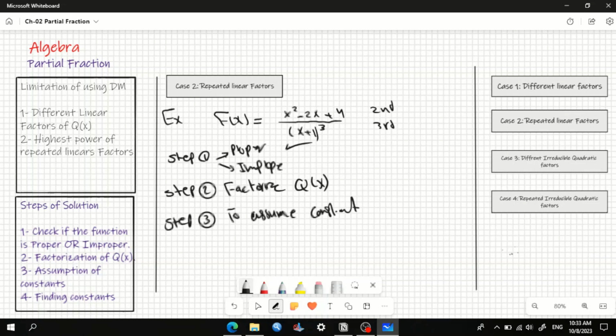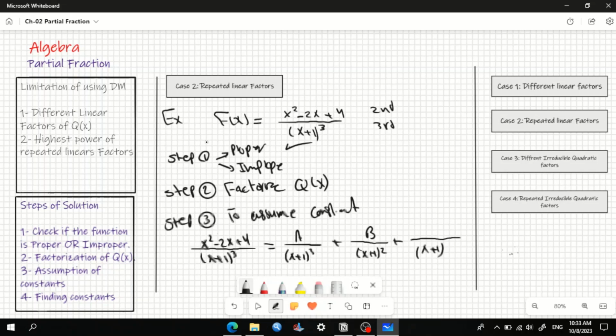Let's rewrite that: x squared minus 2x plus 4 over x plus 1 to the power 3 will be equal to, in this case of repeated linear factors, we write our factors in descending order, starting from the highest power, so just like that: x plus 1 power 3, x plus 1 power 2, and just x plus 1, and here a, b, and c.